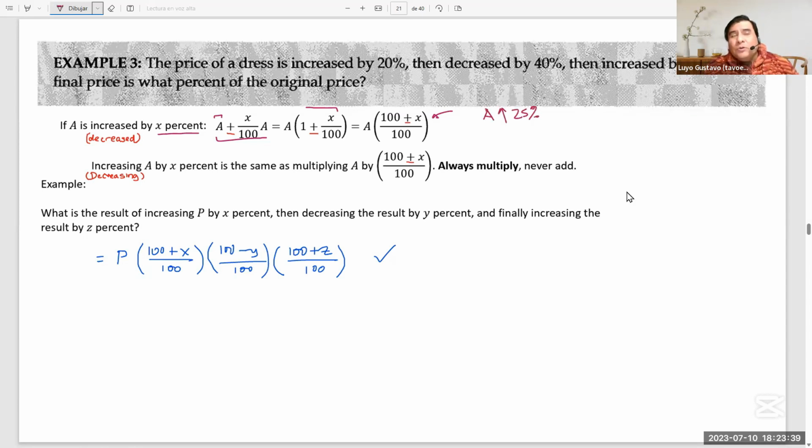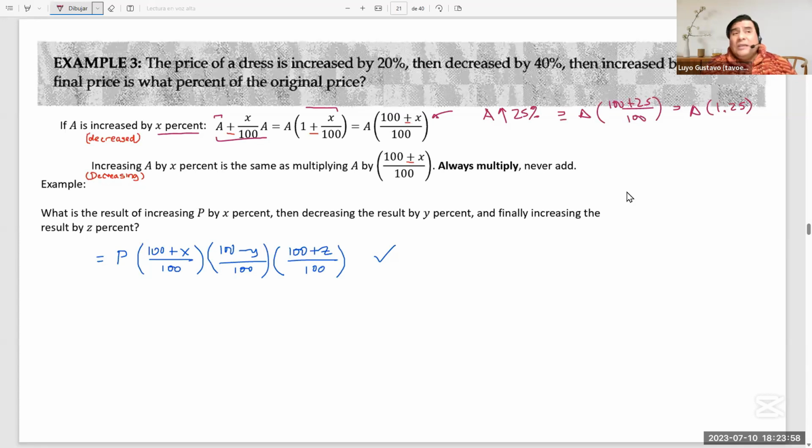So what do I do? I multiply A by (100 plus 25) over 100, which is the same as multiplying A by 1.25, right? 125 over 100.